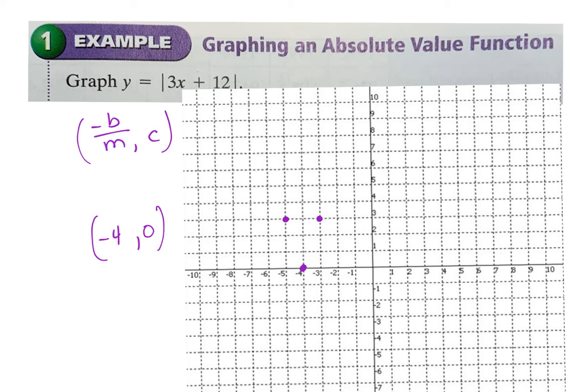And it just meets at that vertex. And then once you have that, you have your graph. You can just connect those points and graph it. You don't need any other points once you figure out your vertex and your slope. Easy enough.